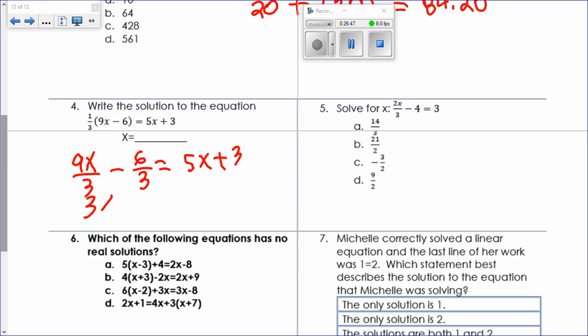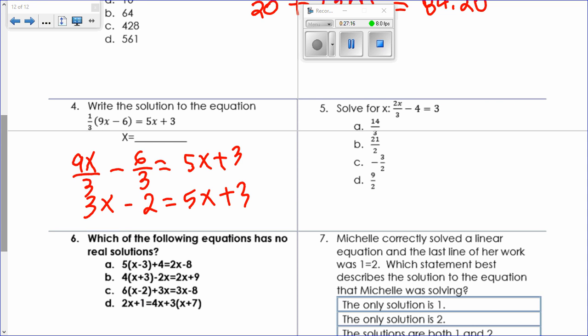Simplify, 3x minus 2 equals 5x plus 3. You need to solve for x. I'm not going to do any more than that. Number 5, you need to solve for x. Number 6, you have to solve all of those. Number 7, you need to do it.